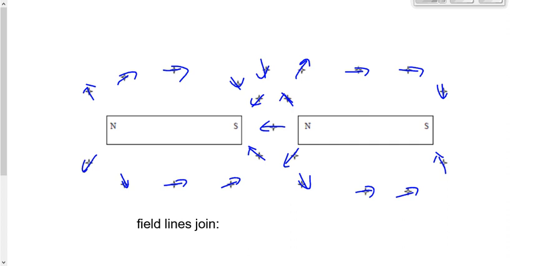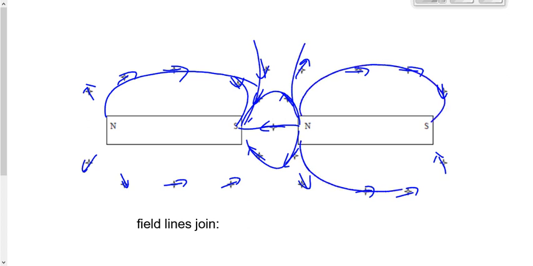Yeah? Doesn't have to be perfect, right? Something like that. We start joining the dots here as our little kindergarten activity. And we end up getting something that looks like, I don't know, kind of like this.